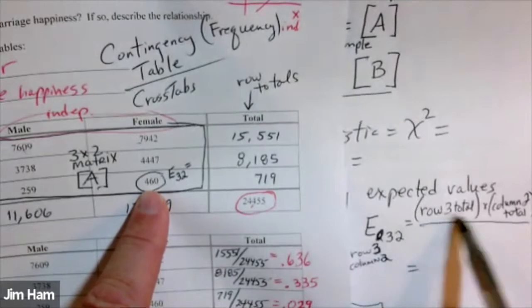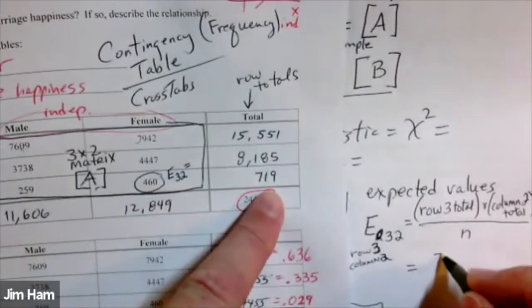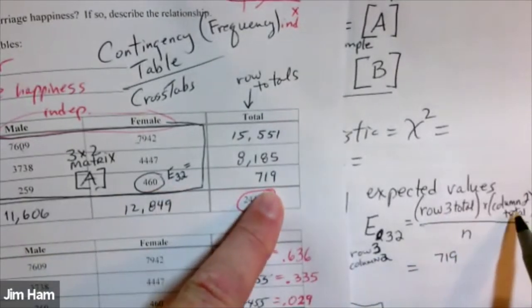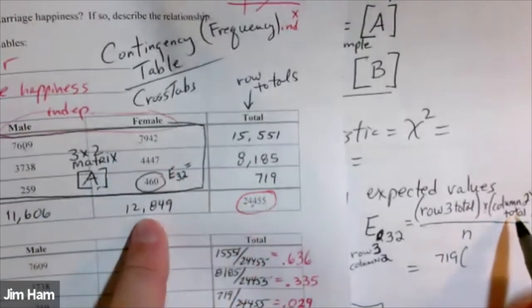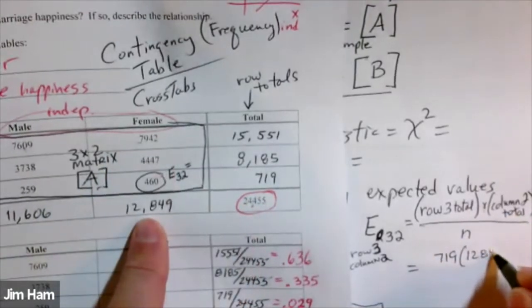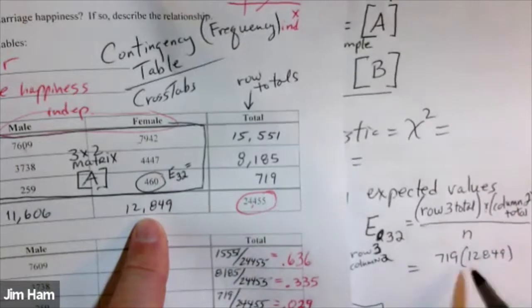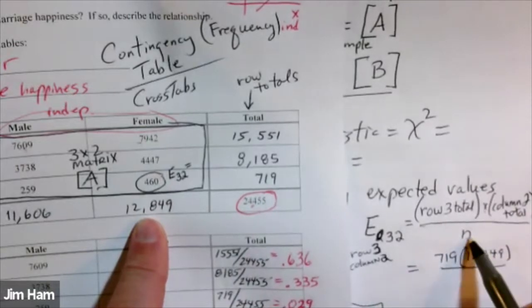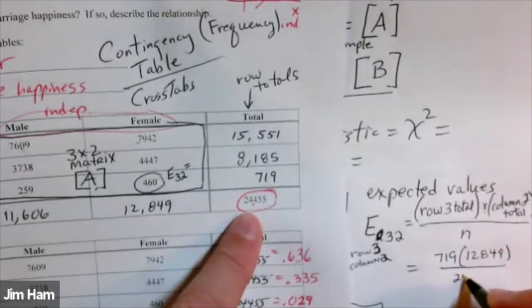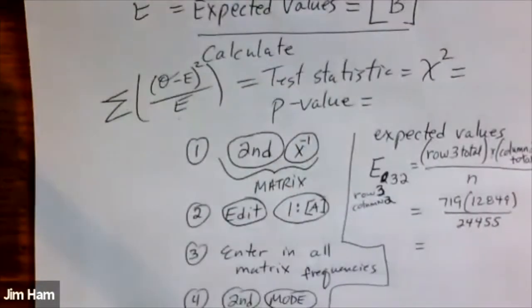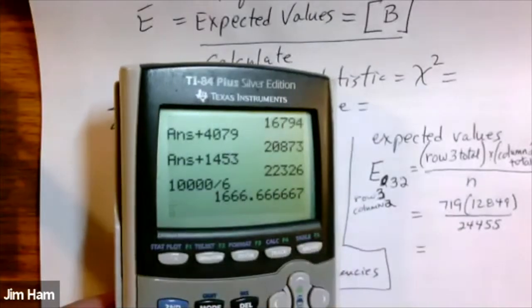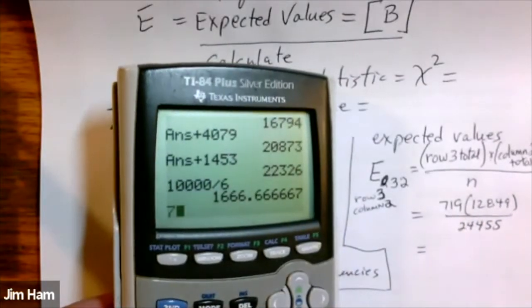In this case, if you take the row total, 719, and then multiply that by the column 2 total, 12,849. Multiply those 2 numbers together, and then divide by the overall total, or the sample size, and you get this. So you'd have to do that 6 times to calculate each one of these 6 expected values.